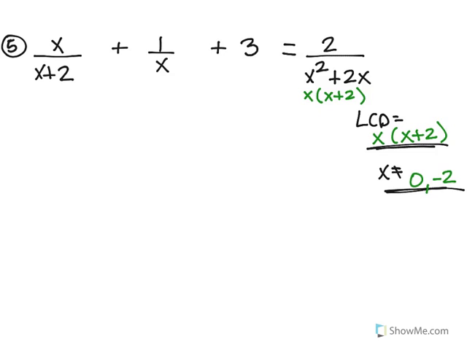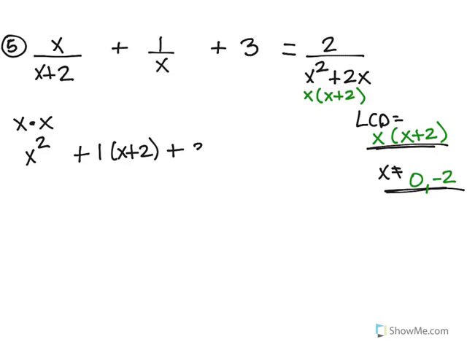Okay, here we go. So when I go to multiply, x is going to be multiplied by who? X. You want to make that x squared? Y'all do see that x times x is x squared? Okay. Plus 1 is going to be multiplied by who? X plus 2.